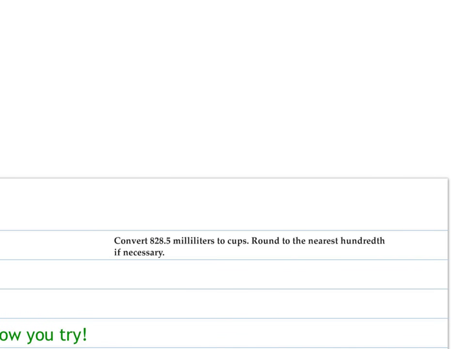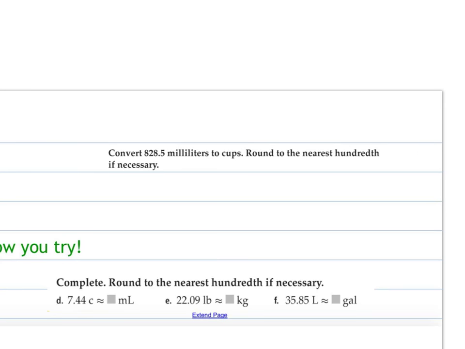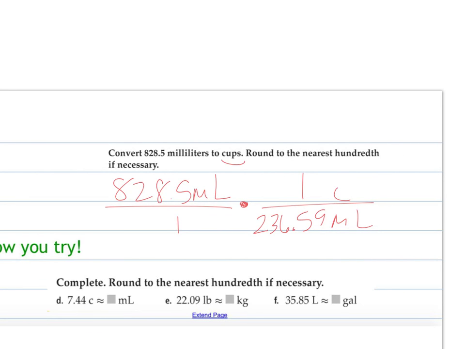A little bit here. Try these again. It's just converting. So we have 828.5 milliliters. Trying to change that to cups. So we need to find the equivalent on our chart from cups to milliliters. And I know that 1 cup is equal to 236.59 milliliters.